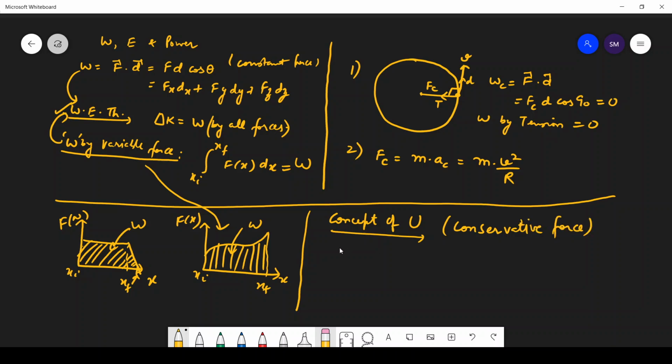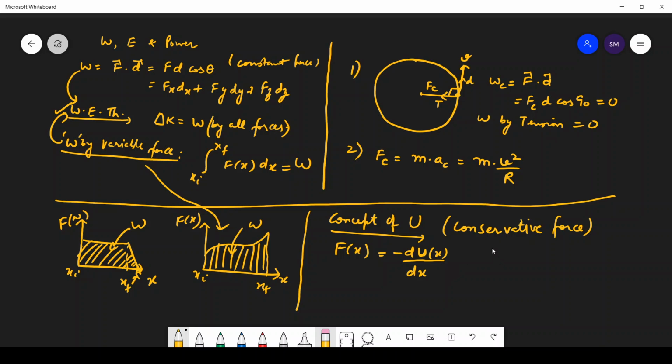Only in case of conservative forces. And then we studied that this conservative force is nothing but the derivative of this potential energy, and potential energy is a function of x. So we did this as a general case.